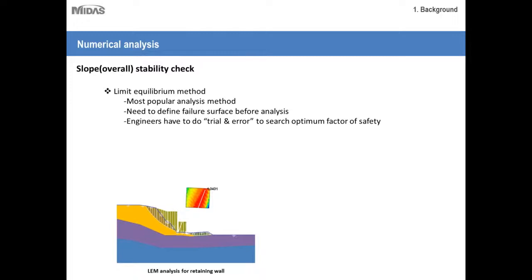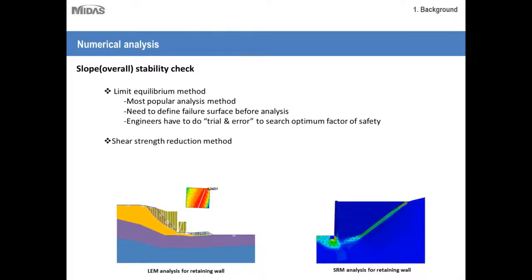So this brought the need for an advanced method of analysis known as the Shear Strength Reduction Method, also known as SRM. In this method, we create a finite element model for the slope or the soil, the backfill, the retaining structure, and if there is a retention system or reinforcement.